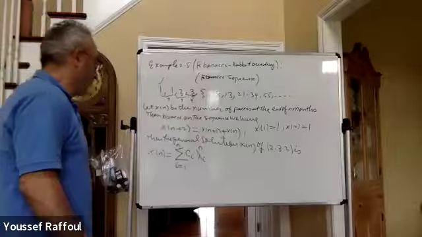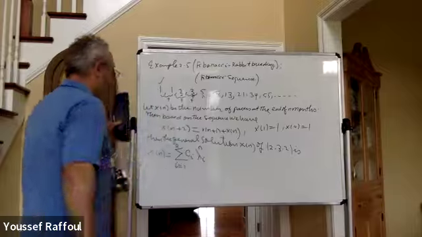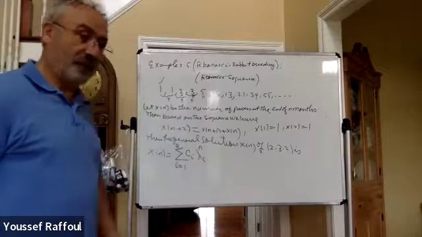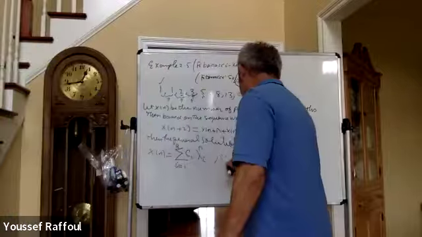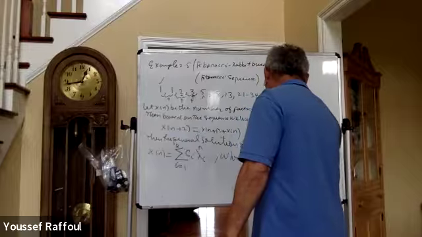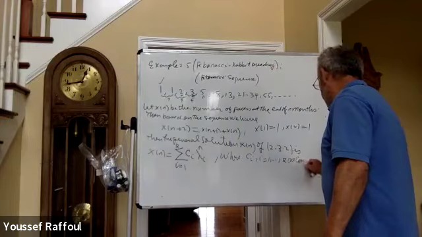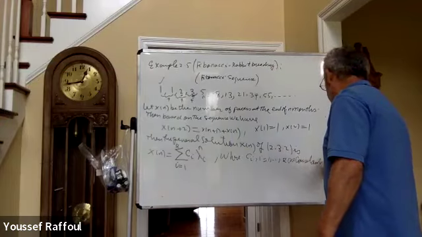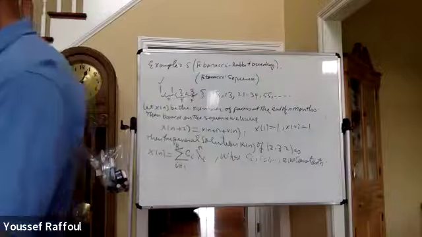Oh, sorry, this is k, i equals 1 to k, where the ci, i equals 1 to k, are constants. Okay?